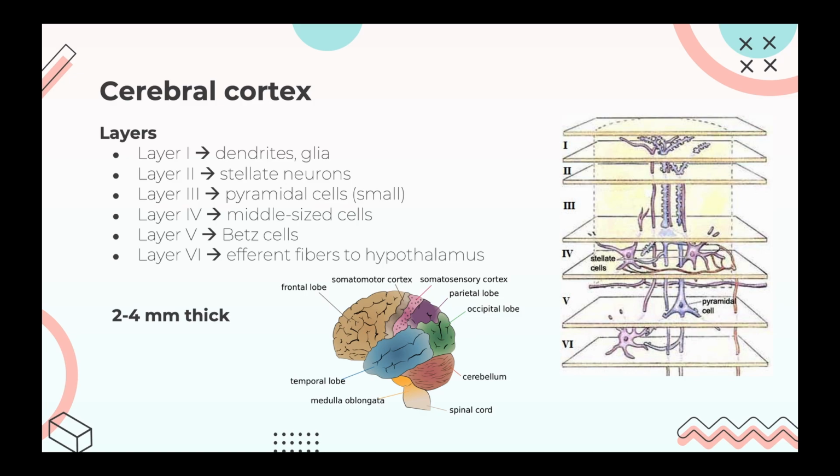But the most important layer for you to understand right now is layer 5, which contains the Betz cells. The Betz cells are also known as pyramidal cells. They are very large neurons, which are nervous cells, and they control a lot of different functions. They can send out signals to the outside, and to the inside of the brain. So layer 5 contains the Betz cells.